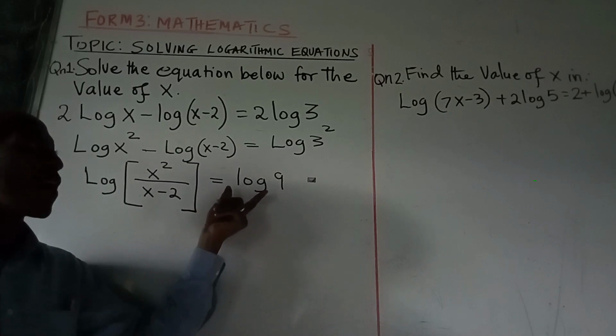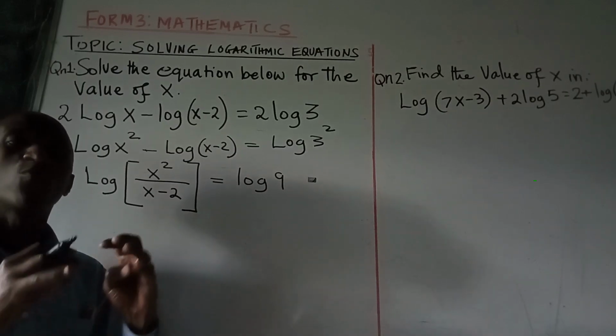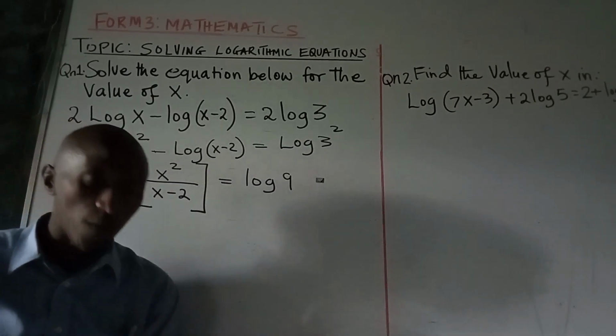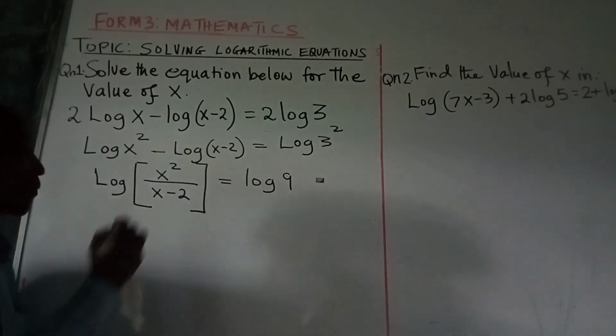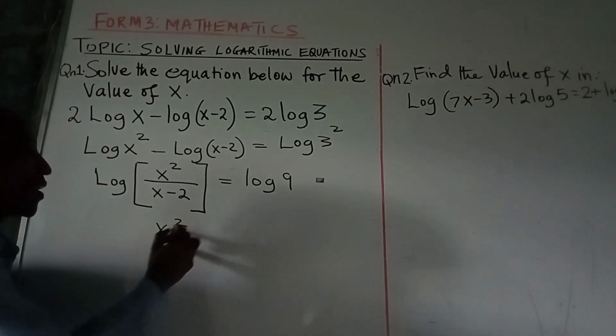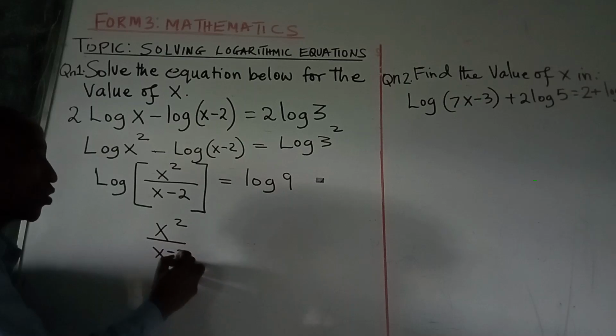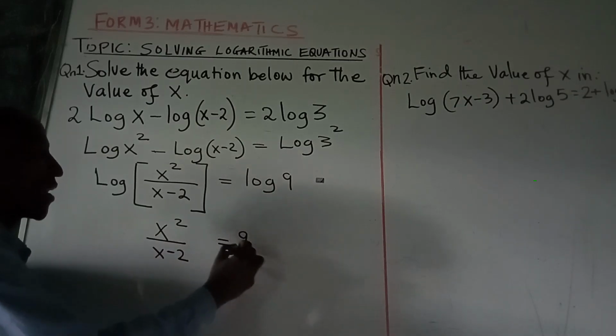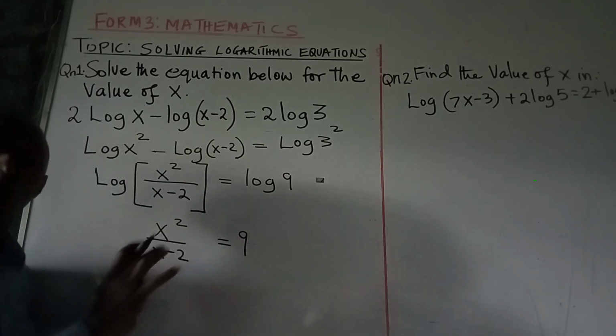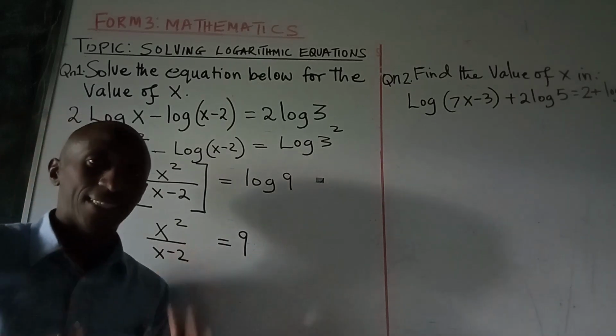We can now move to a third step, whereby you drop the logarithms and then you are left with the numbers. We get x squared all over x minus 2 is equal to 9. At this point, we have dropped logarithms on both sides.